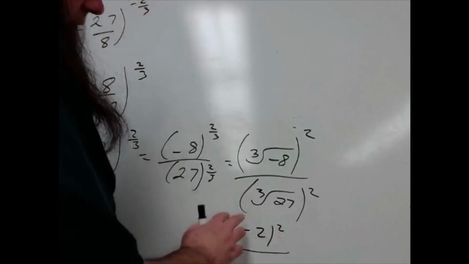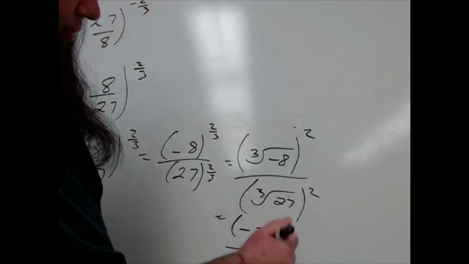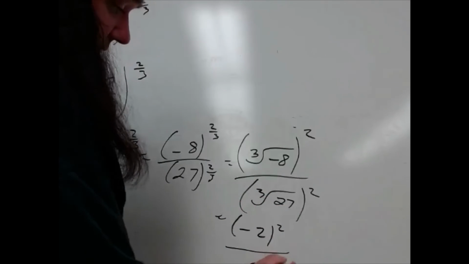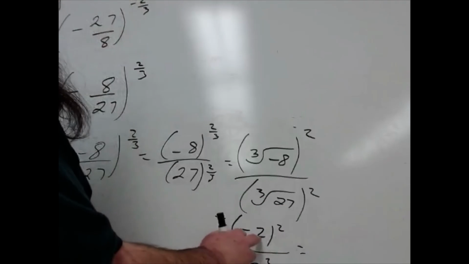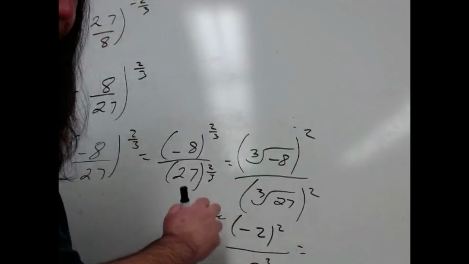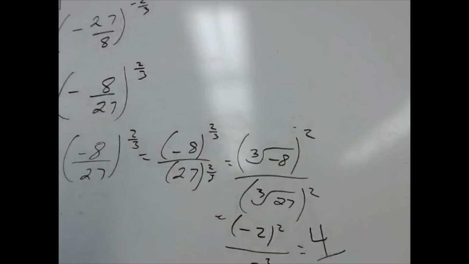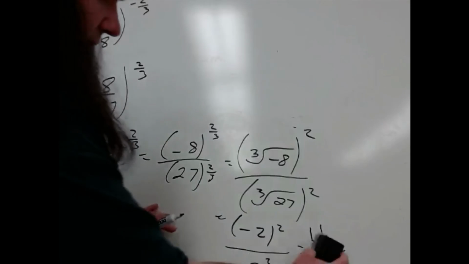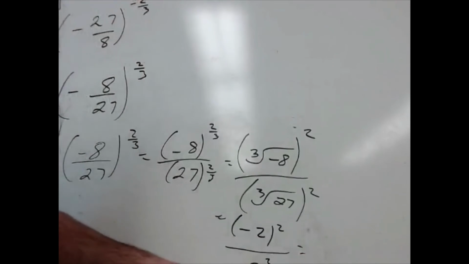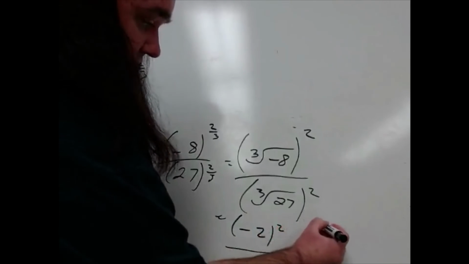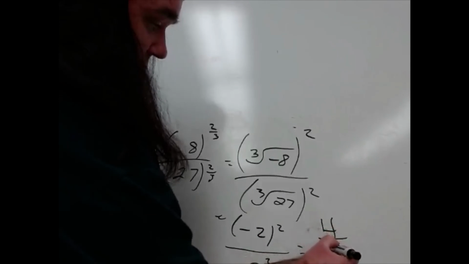Denominator, cube root of 27 is 3, then I square it. So negative 2 squared is negative 2 times negative 2. Well, this gives me a positive 4. And my denominator is 3 squared. So this gives me 4 over 9.